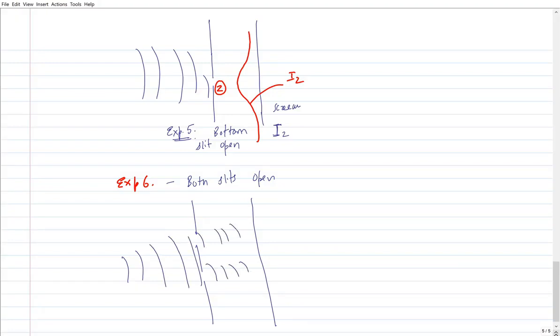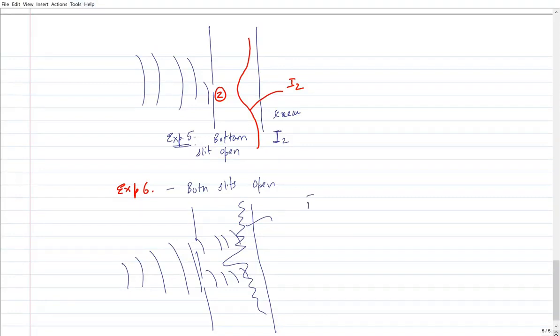And when I see the intensity plot, when both slits are open, the combined intensity looks like this. I12, which is not equal to I1 plus I2, and I see this interference pattern.